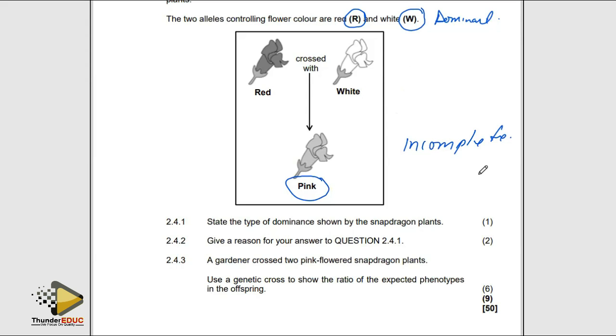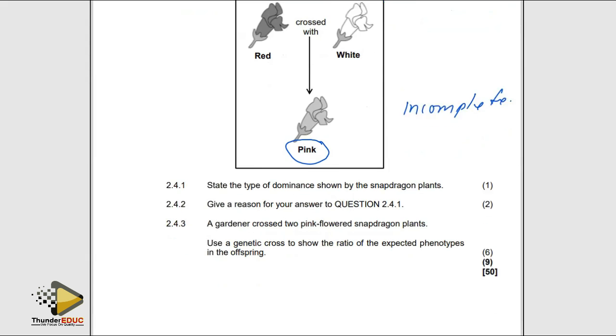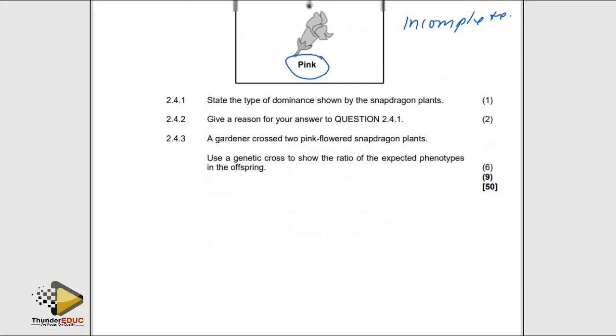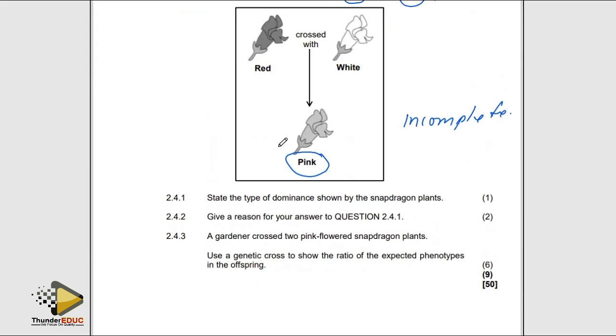That is complete. If it was codominance, we would have got a mixture of red and white. But now we get an intermediate, therefore it is incomplete dominance. Give a reason for your answer. The answer, we have explained it: an intermediate color was produced.